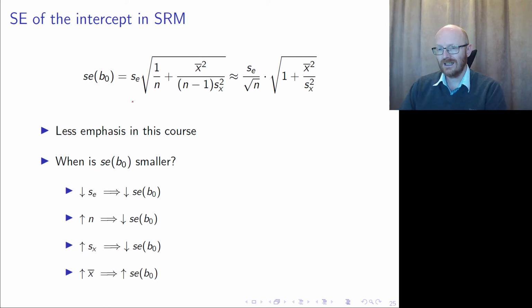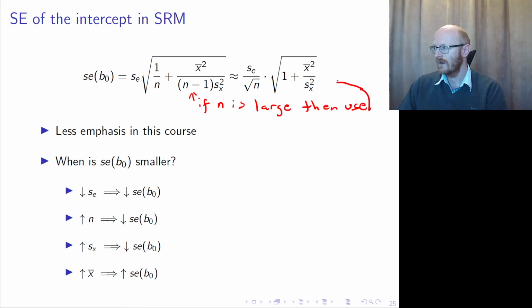Okay, and we also have a standard error of the intercept, which is not as important, but we're going to go through it now. It's more complicated, but if n is large, then use this. Okay? So what does it say?